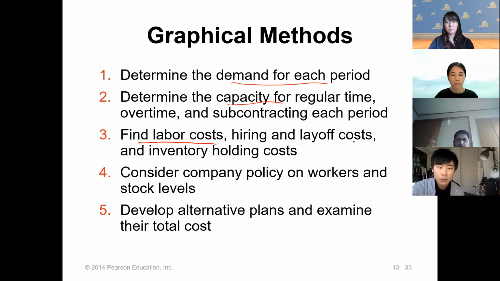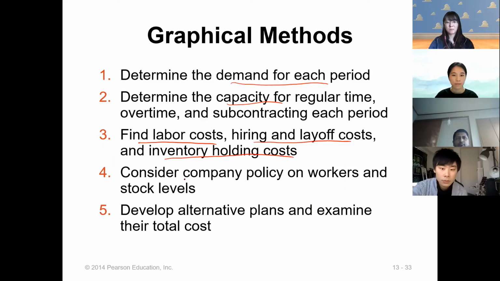Because at the end of the day, you're going to calculate the total cost for each strategy that we decide, and you can decide many alternatives actually, based on the scenario. Based on the scenario, you can determine which combination of strategies can be used. Okay, so you need to find the labor cost, hiring and layoff cost, and the inventory holding costs.